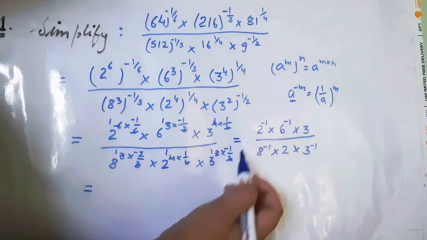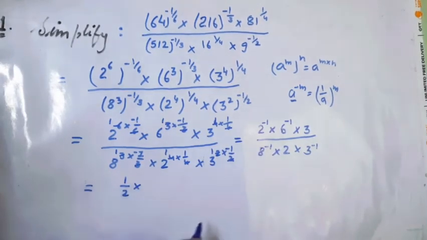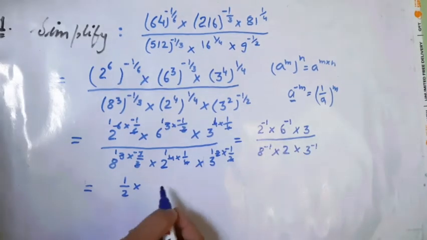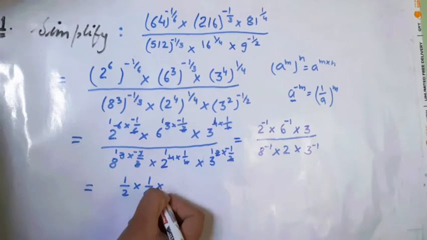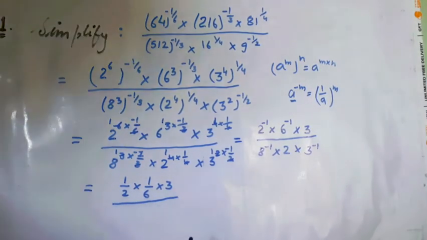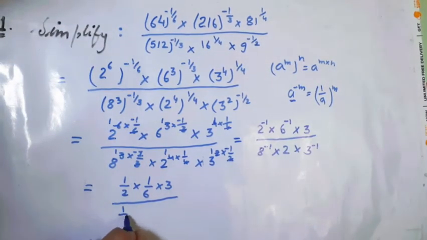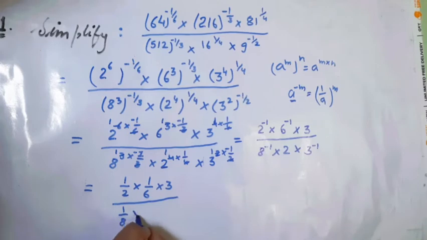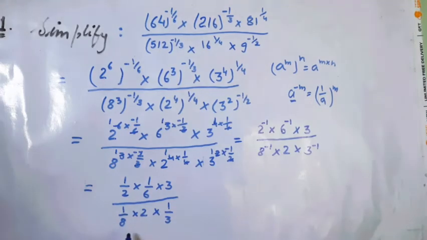So reciprocal of 2 will be 1 upon 2, multiply by reciprocal of 6 will be 1 upon 6, then multiply by 3 whole divided by reciprocal of 8 will be 1 upon 8, multiply by 2 as it is, then multiply by reciprocal of 3 will be 1 upon 3.